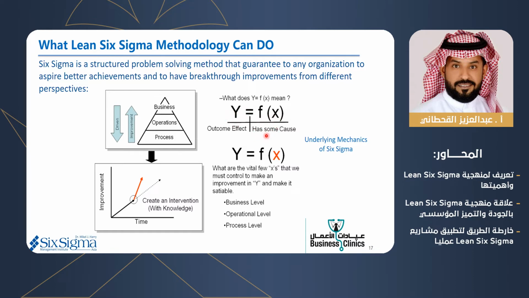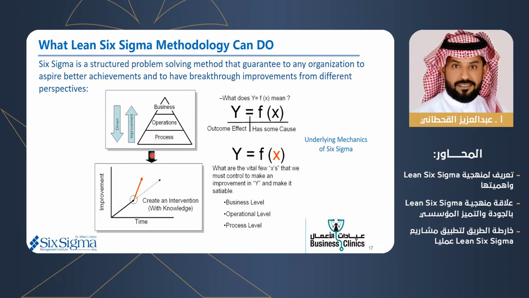So this equation is common, and it is applicable to any process that we have, regardless of whether it is manufacturing or services or products, because it is applicable and it's easy to understand and grasp the situation. So the Six Sigma also can be driven from the top management, the buy-in from the leadership team in the organization, from top to bottom, and the improvement will come from bottom to top.